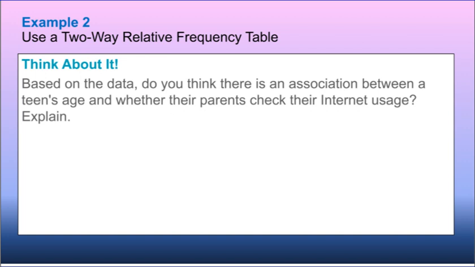Based on the data, do you think there is an association between the teen's age and whether their parents check their internet usage? And explain. Well, we could say, yeah, there is an association between the teen's age.